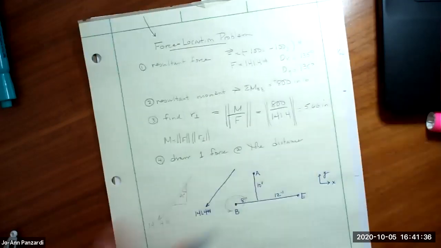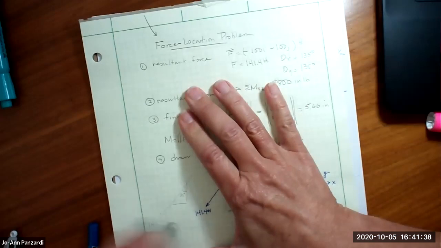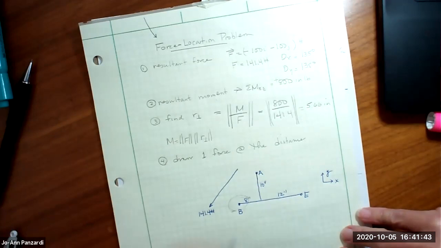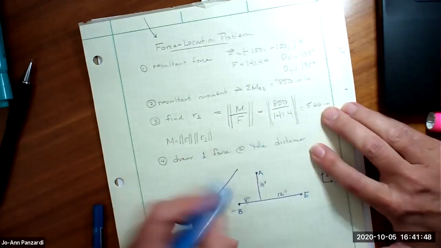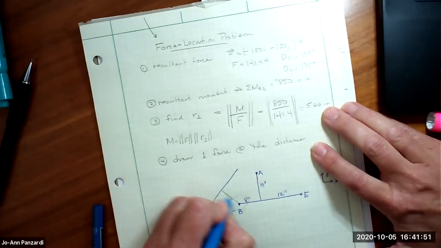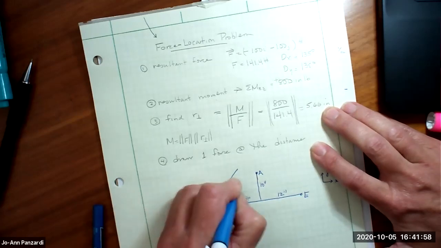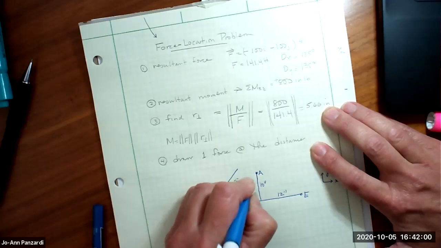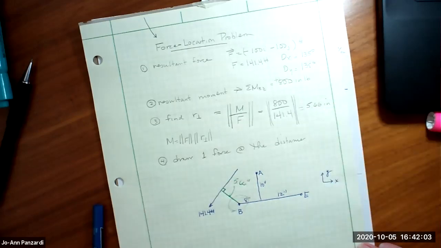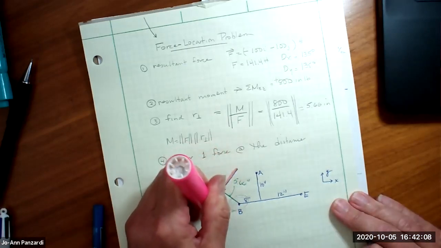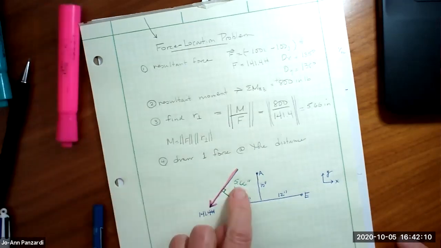And I'm going to just erase this now. And I know that the perpendicular distance I counted is 5.66. So I have to draw a line perpendicular from point B to the force, and this distance right here is 5.66 inches. That's the perpendicular distance. Okay, so here's the force, and it's at a distance of 5.66.